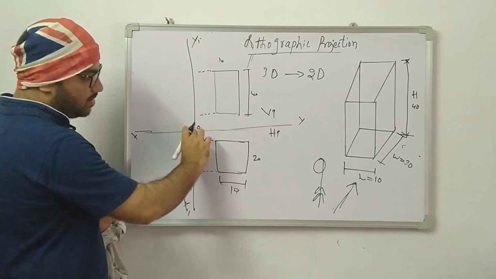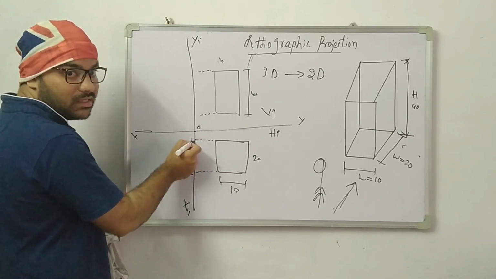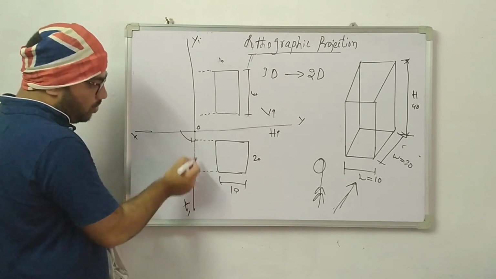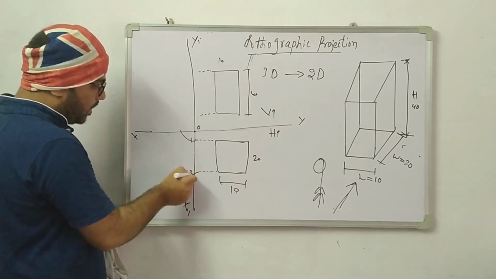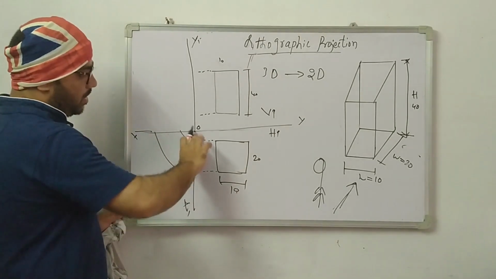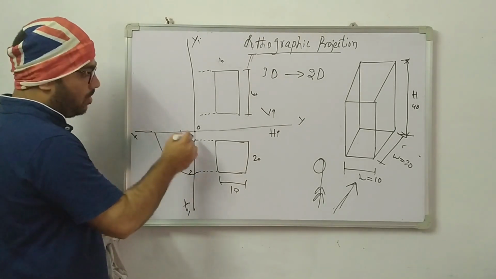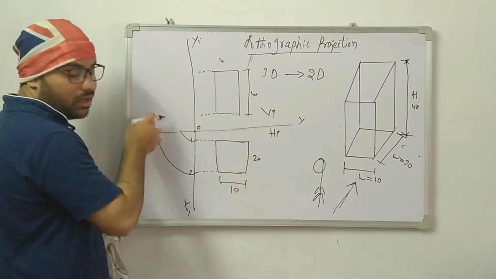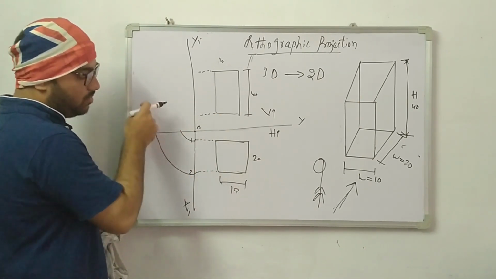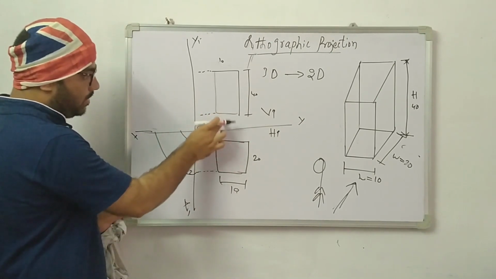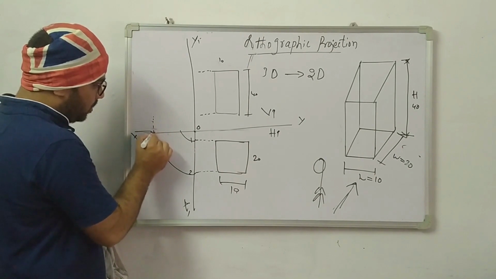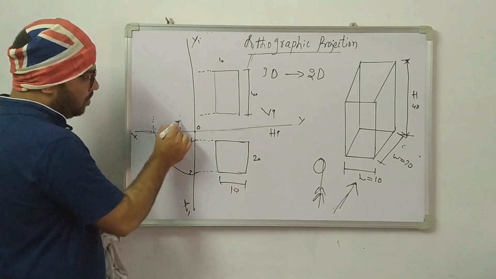Now I am taking this distance, O1 distance, and with O as the center, cut an arc. Now O2 distance, with O as the center, cut an arc onto the new reference line. I repeat: take the O1 distance, cut an arc on the old reference line, and the O2 distance. Now at this height, project these arcs.